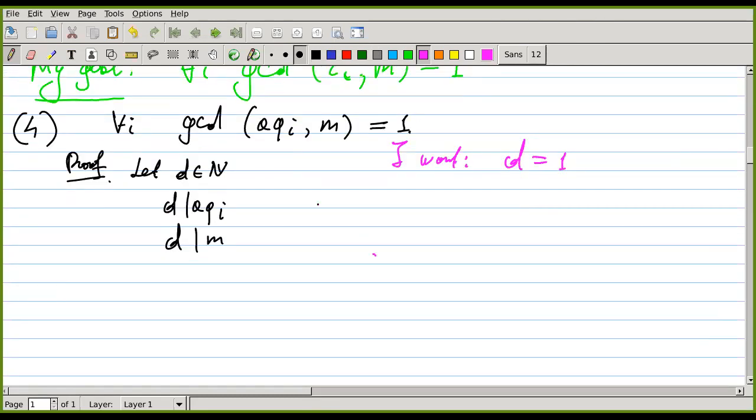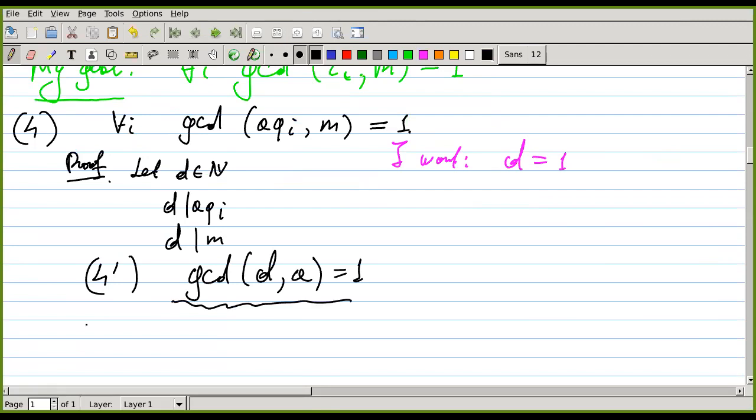Let's prove it. In order to prove it, I will demonstrate some sub-goal. I will prove that indeed this d is co-prime to a. I will use the same method.